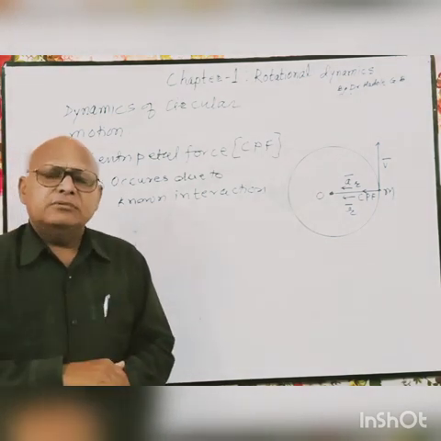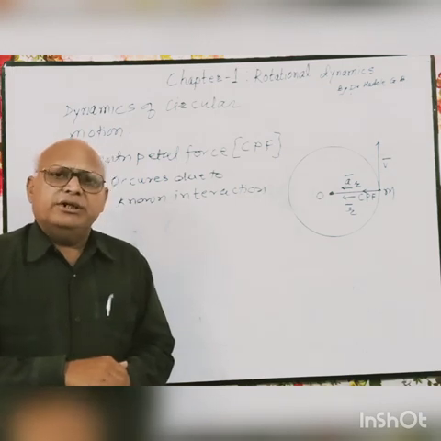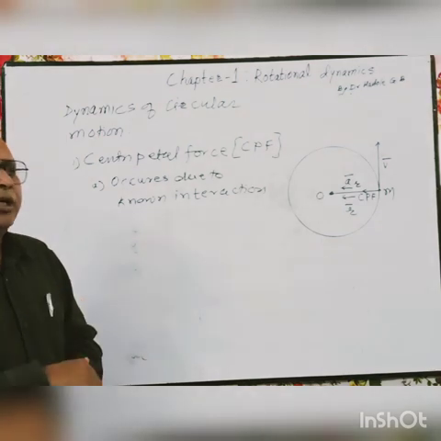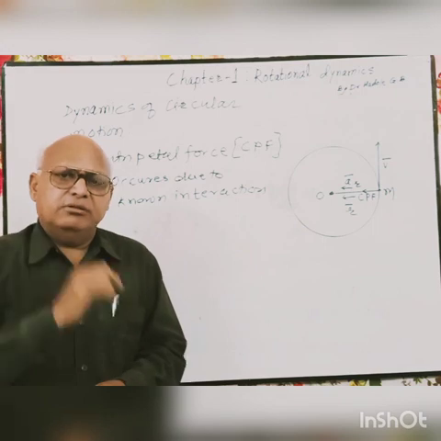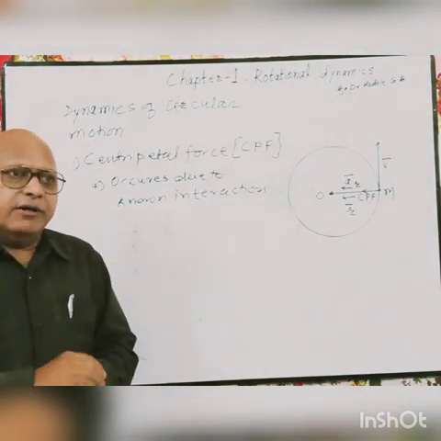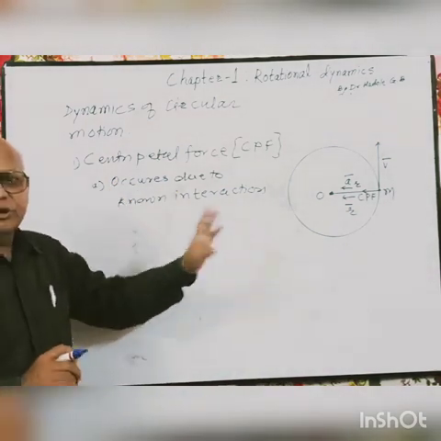Another example, the electrons revolving around the nucleus. When electrons are revolving around the nucleus, there is an electrostatic force of attraction between the nucleus and the electrons. So here, this centripetal force occurs due to non-interaction.